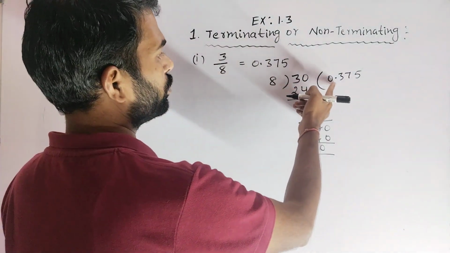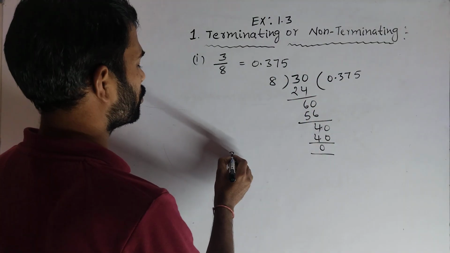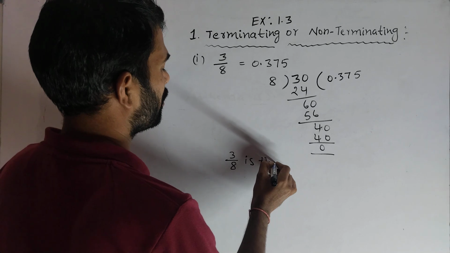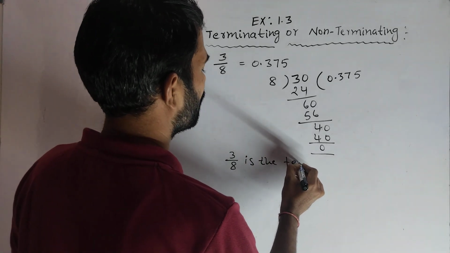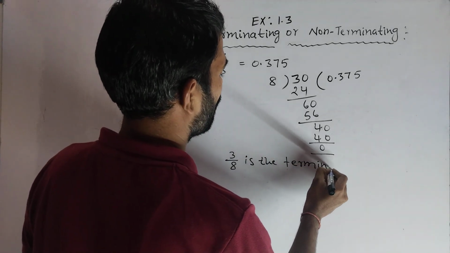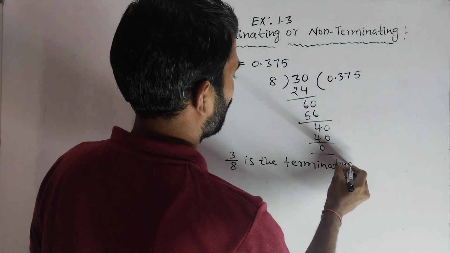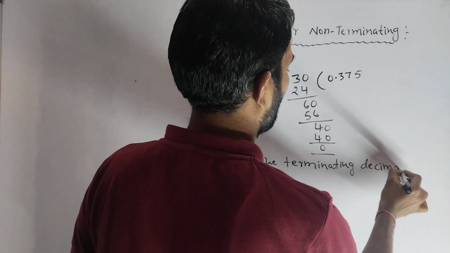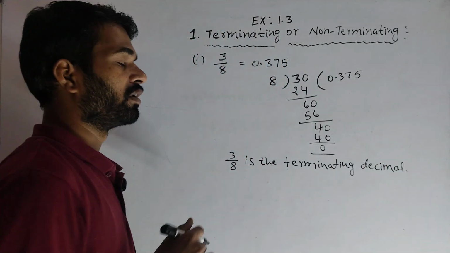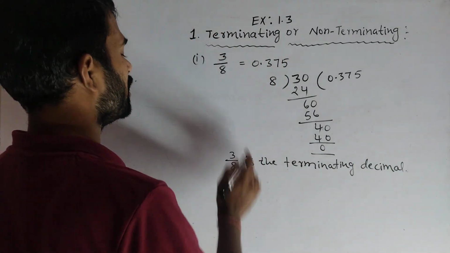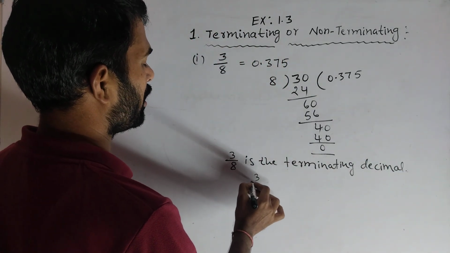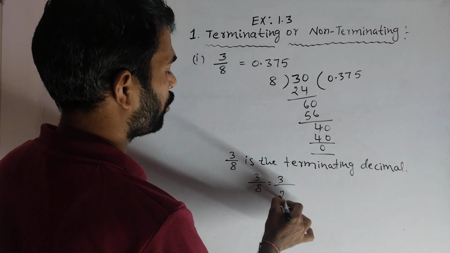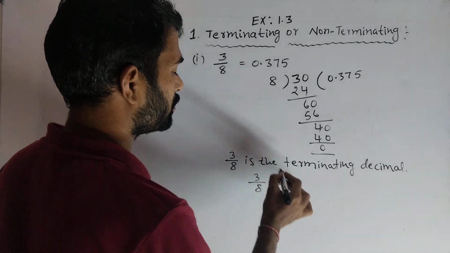So up to here it stopped. So 3 by 8 is a terminating decimal. We can also write the denominator of 3 by 8 as 2 to the power of 3.